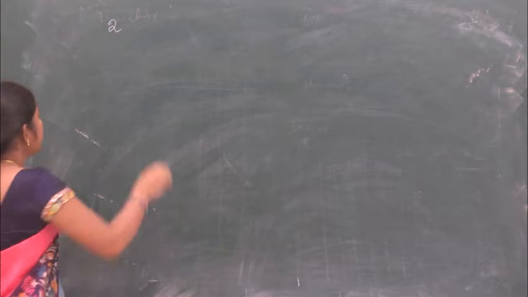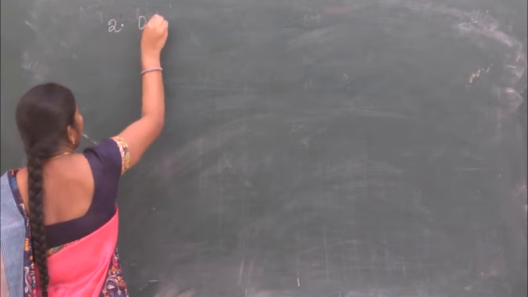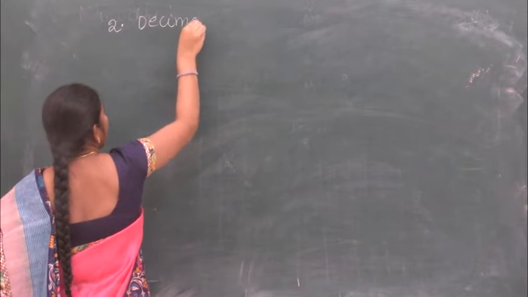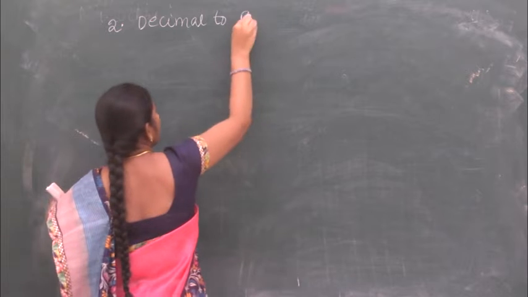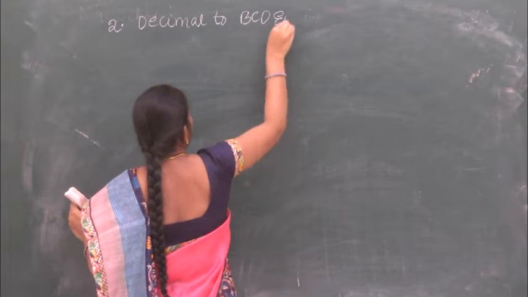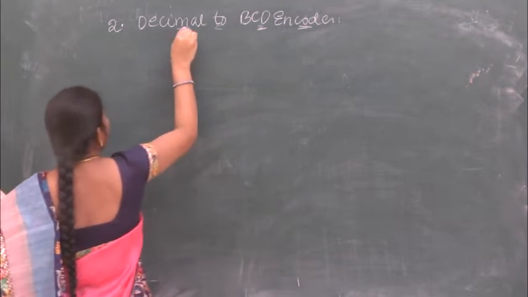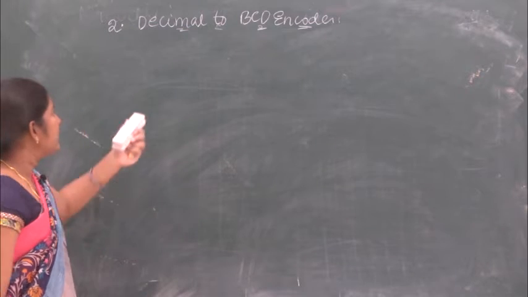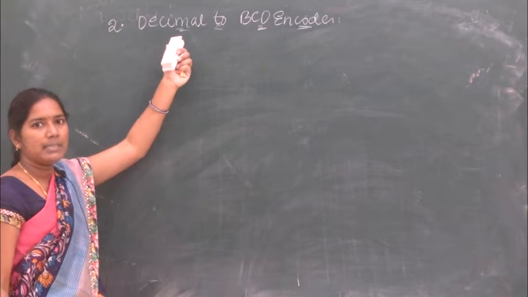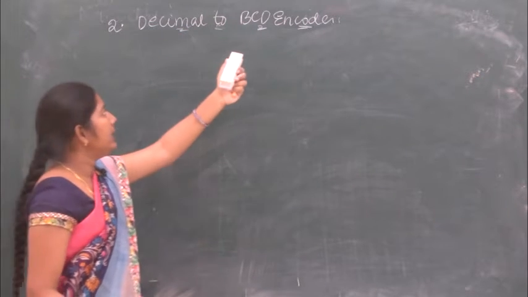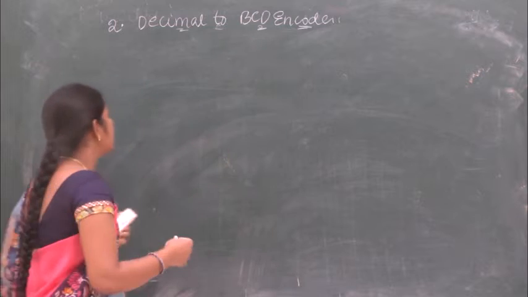Next one is decimal to BCD encoder. In this, decimal numbers are coded in terms of BCD values.